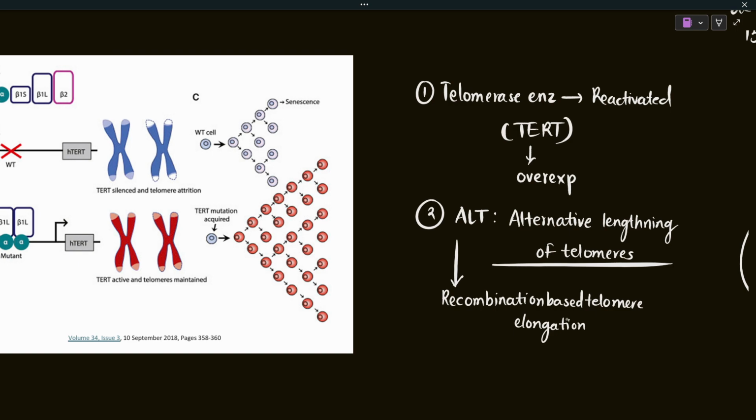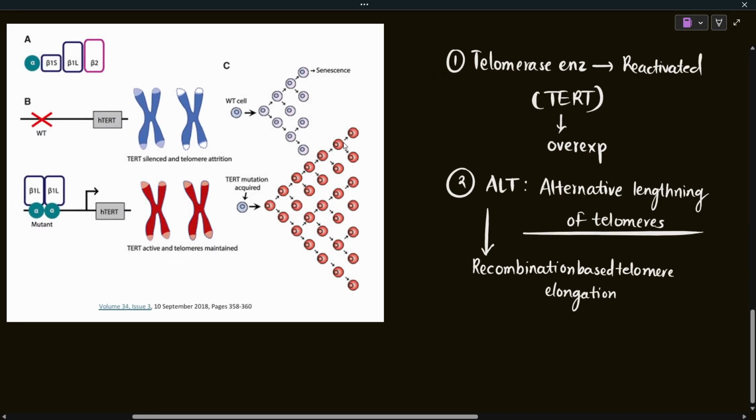This one leads to telomere sister chromatid exchange and so on. We'll learn about this in some other video. So this is how the telomere maintenance is done, which helps the cancer cell to proliferate uncontrollably.